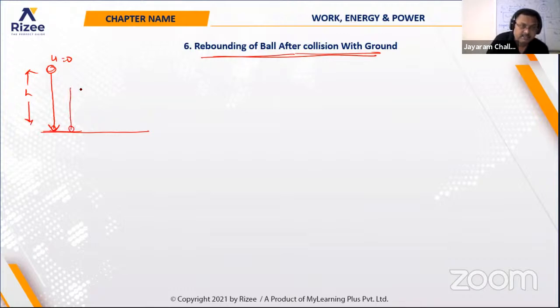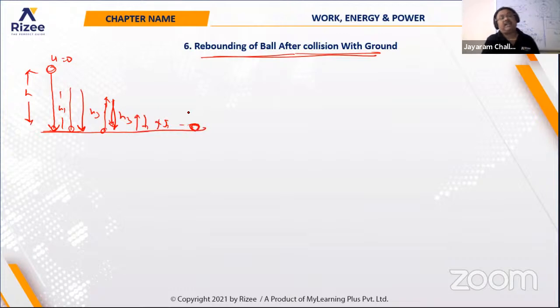Let that height be h1, and then the next one will be h2, and this will be h3. Like this, it will go on rebounding, and finally it comes to the rest position, where the final velocity will be equal to zero.